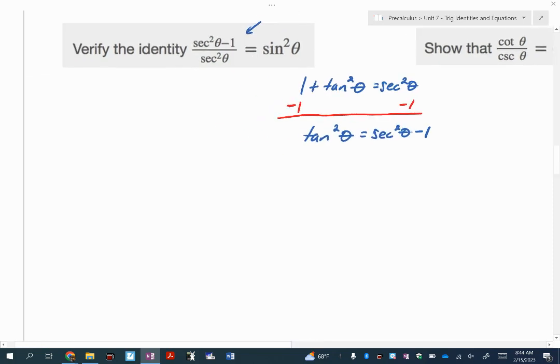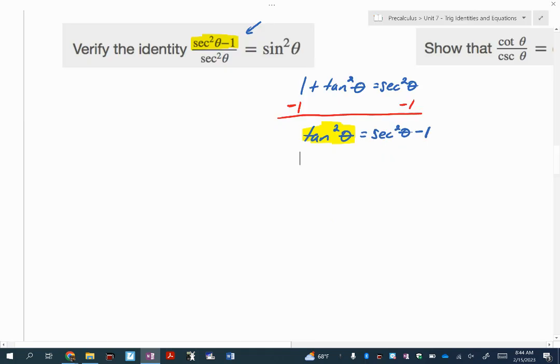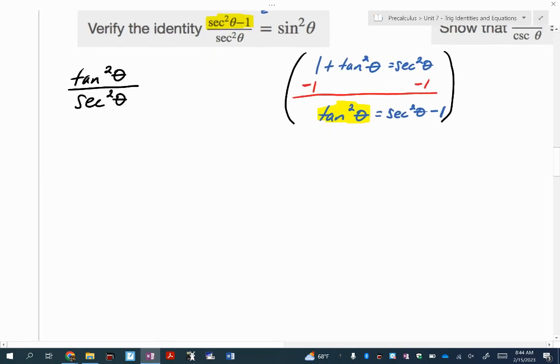So I am going to replace, right, I'll highlight here, I'm going to replace secant squared theta with tangent squared theta. So I'm going to write down tangent squared theta over secant squared theta. All right, so this was the work that I used for that numerator, changing it to tangent squared. All right, let's go and split that up.